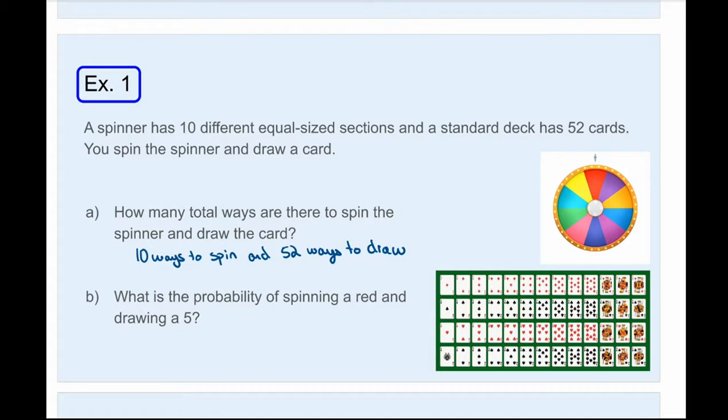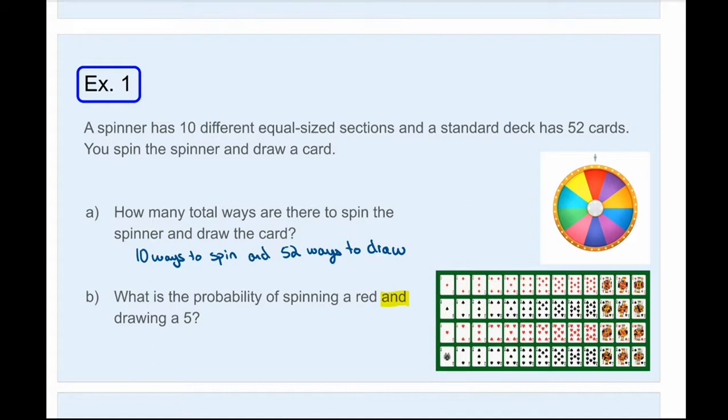B is asking, what is the probability of spinning a red and drawing a 5? The key thing here is that we're seeing "and" in the question, which is different from mutually exclusive and non-mutually exclusive. So I have to think about whether these are independent events. Does spinning the spinner affect or change the outcome of the card that I could draw?